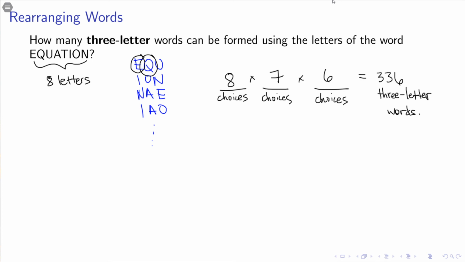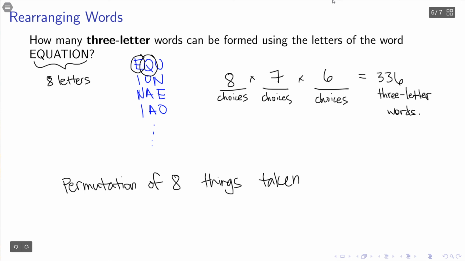We also call this a permutation of 8 objects, taken 3 at a time. Because you're still permuting them, you're still rearranging them, but you're not taking all of them anymore. You're only taking 3 at a time and looking at these smaller rearrangements that you get.